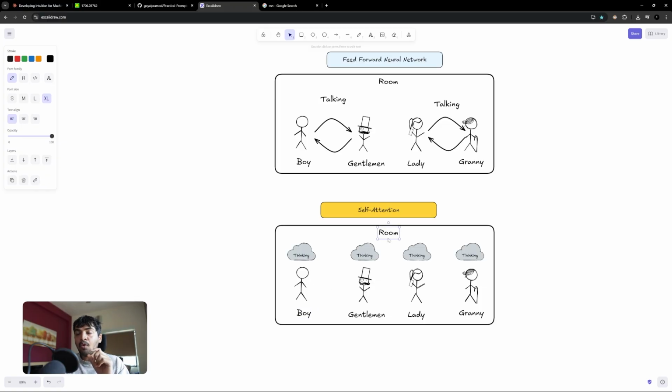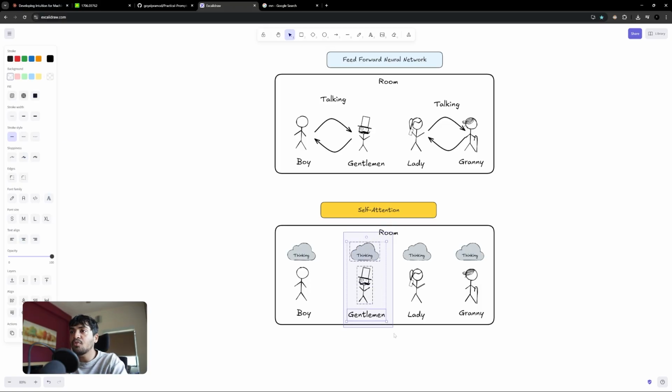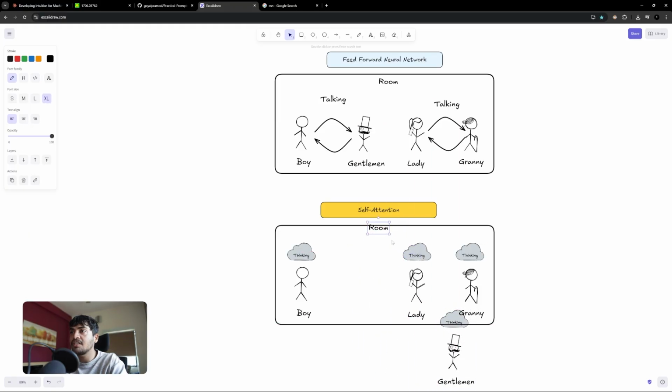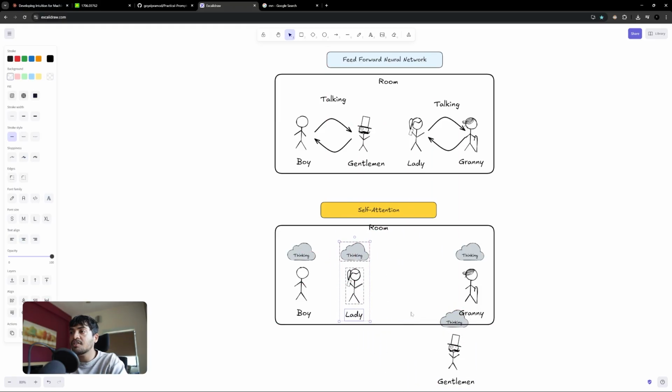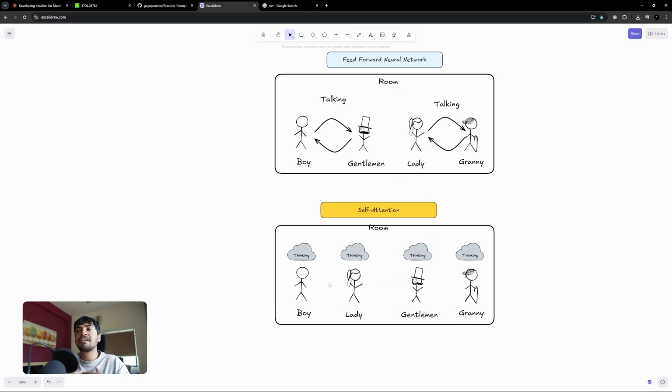Now, a single multi-head attention layer is a single room in one fixed orientation. Now, if you go to room 2, I can change the orientation of these people. So I can keep the lady closer to the boy, and I can keep the gentleman closer to the granny. So now the boy can have a better look at the lady and understand more about her. So, okay, she's holding a notepad. Maybe she's a journalist writing something down. So the idea behind doing multi-head attention was basically giving different representations that a single representation cannot capture.